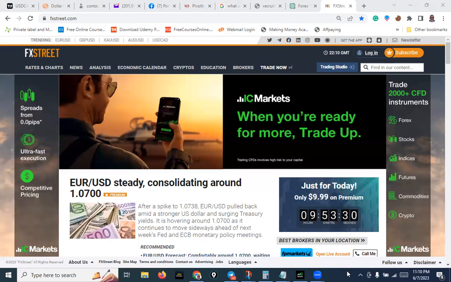So now let me give you a definition of what fundamental analysis and technical analysis are in your forex trading. Basically, fundamental analysis is using news and some economic data to predict how certain currencies will move in the market.